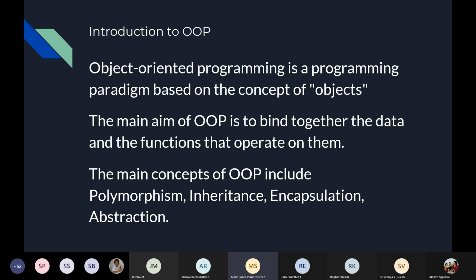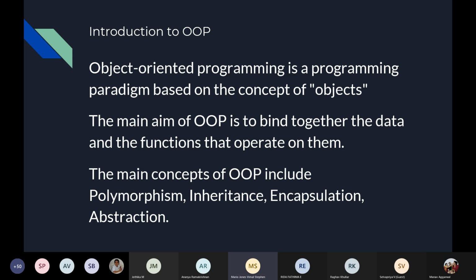The main aim of object-oriented programming is to bind the data and the functions that operate on them. So let's say I have to store the info of every student, or use the info of every one of us to make an app. There are certain properties like the department of a student, the year they started studying, and their serial number in class.